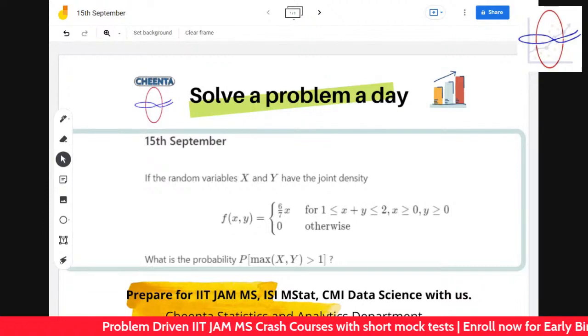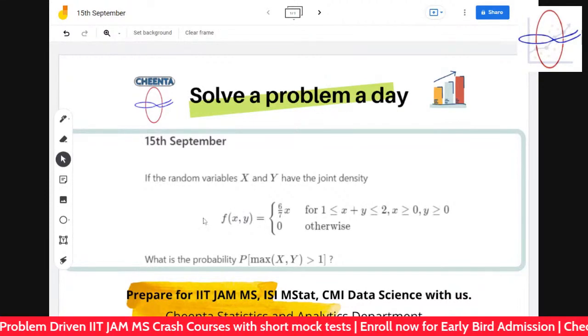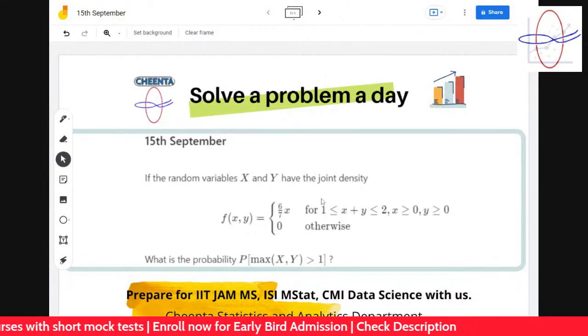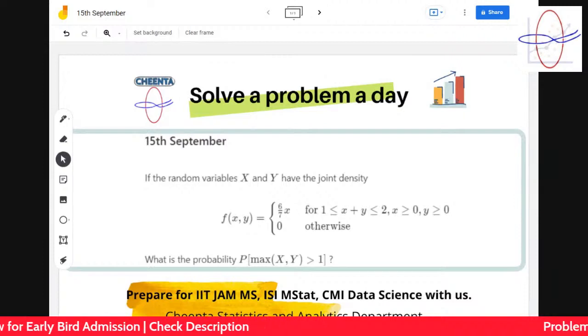The idea revolves around this bivariate density, and it has a corresponding region on which the function is defined.